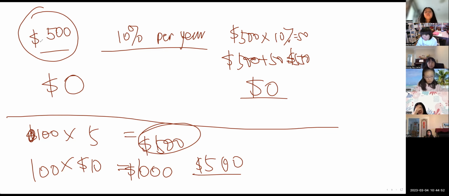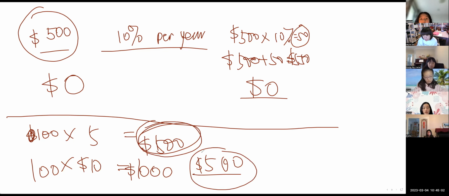She decided to put it into the bank and make $50 in interest. Violet also had $500, but Violet put it into the business and made $500. So why does Violet have more money than Xinxin? Yeah, this is a very important thing.